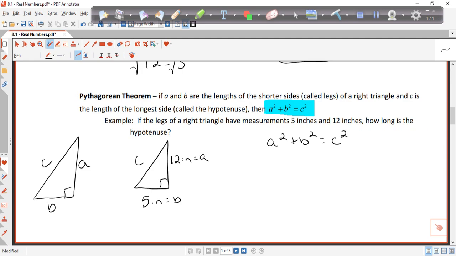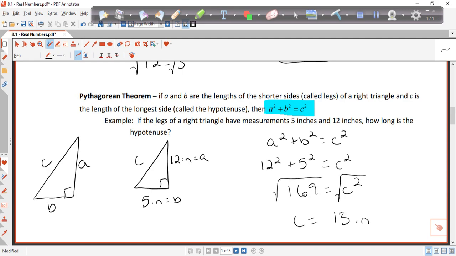I'm going to plug those in. 12 squared plus 5 squared equals C squared. If you do 12 squared plus 5 squared, you get 169. Take the square root, and here we get 13. Now it comes out to a nice number, so that's a rational answer.